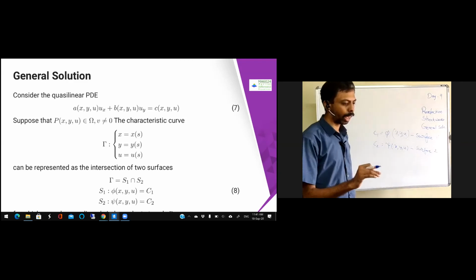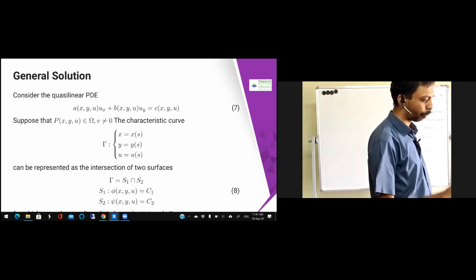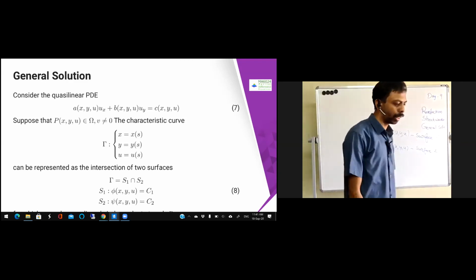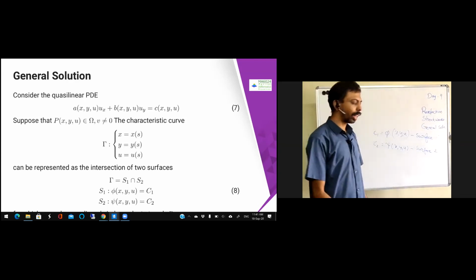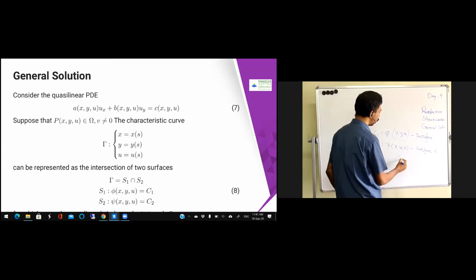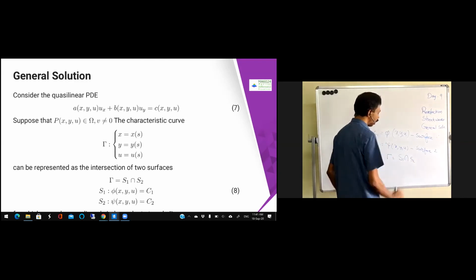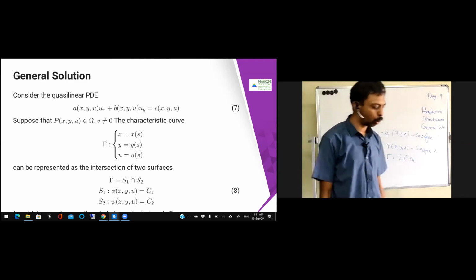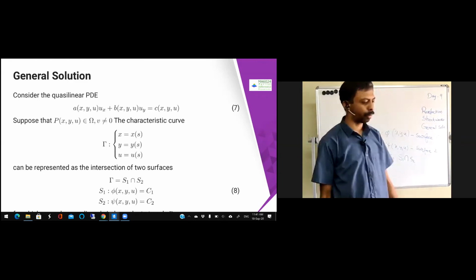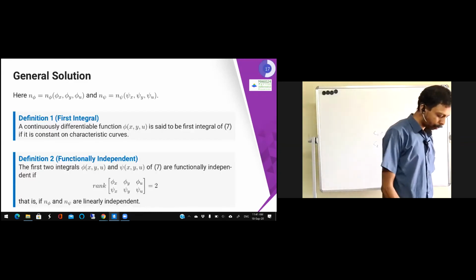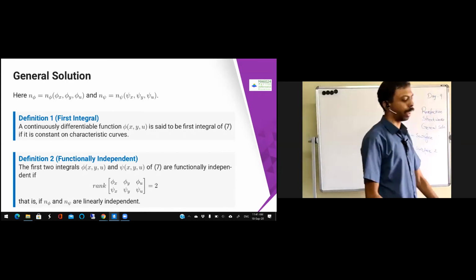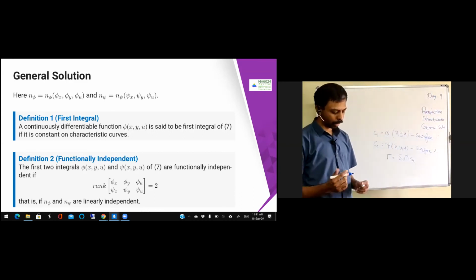At that intersection, I have the characteristic curve, that is, S1 intersection S2. Then we can find two first integrals.